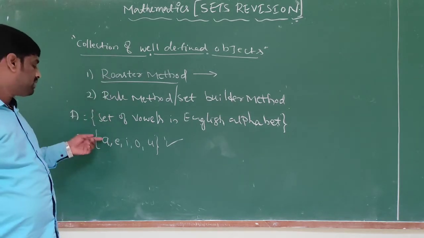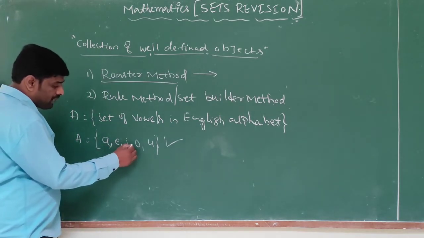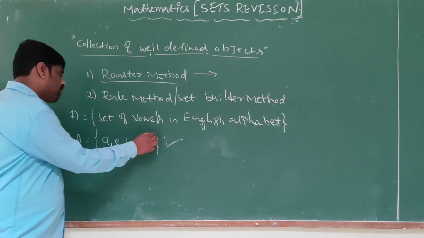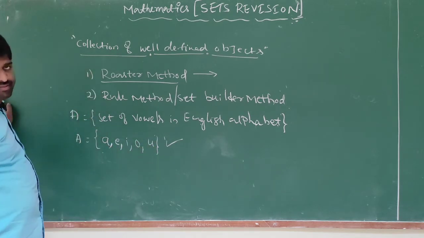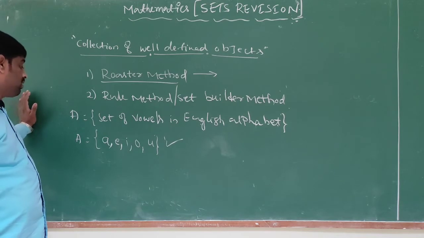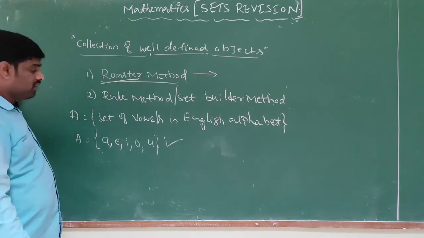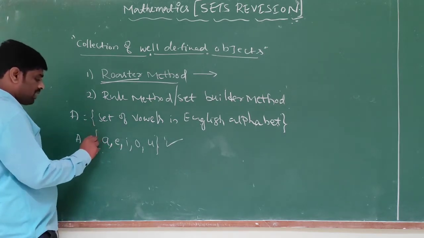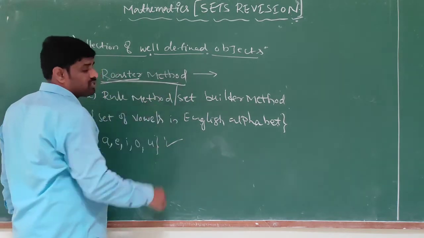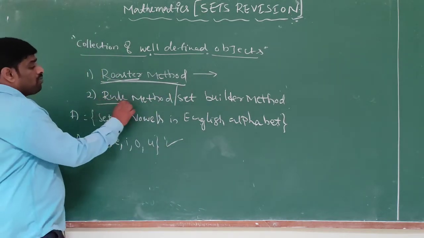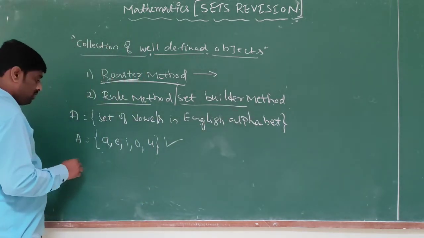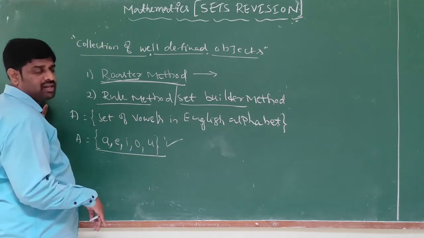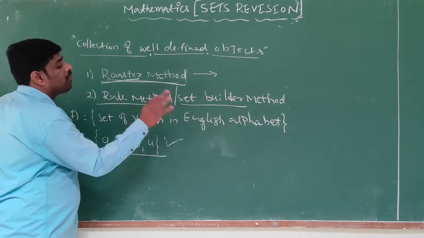Roster method means the set of elements separated by commas, enclosed within braces. Next, rule method or set builder method. Here this is the roster form. This roster form we can write in set builder form as the set of vowels in the English alphabet.